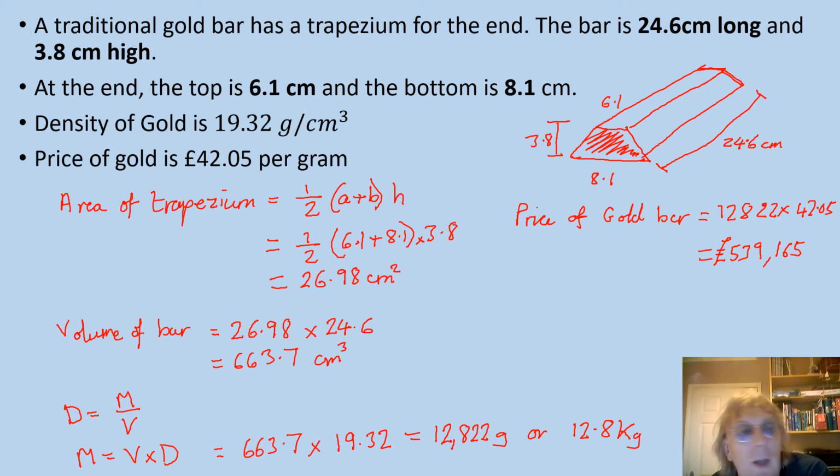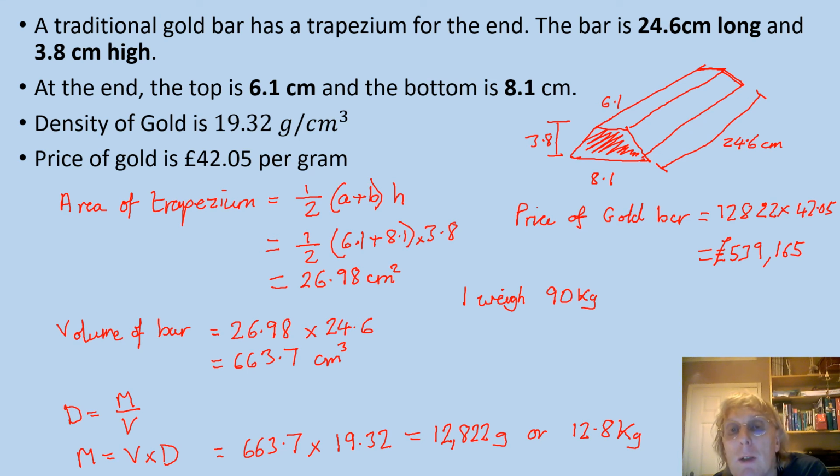Now the question I asked at the start was, are you worth your weight in gold? Well, if I weigh myself, I weigh 90 kilograms. You're obviously going to be something different. You might be a little bit less, you might be a bit more, but let's find out. It's 90 kilograms, so I wanted to find out how many gold bars I'm worth first.